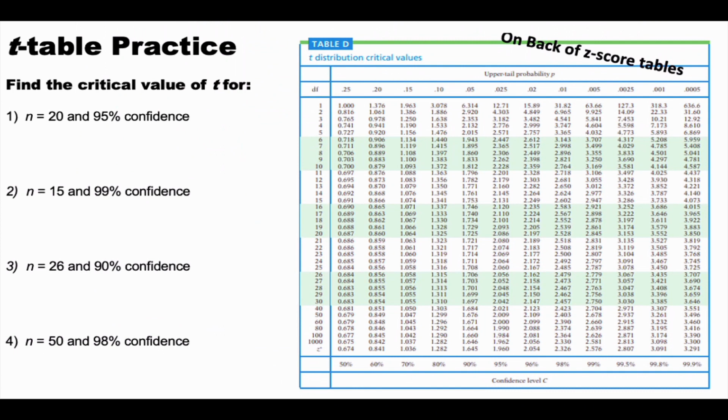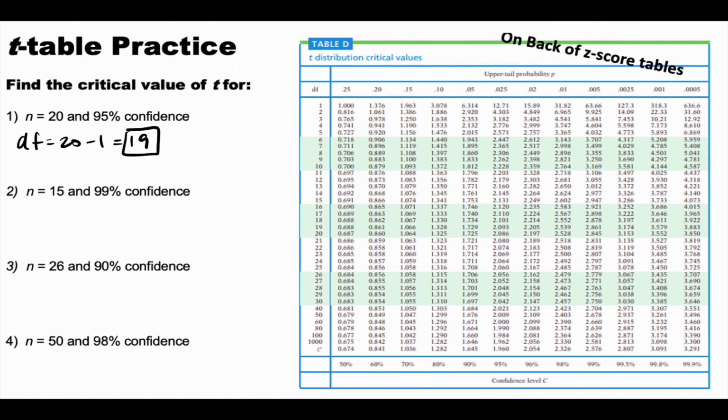The first thing you need to do is figure out degrees of freedom. How do you do that? You find your sample size and subtract 1, n minus 1. So if I have a sample size of 20, degrees of freedom is 20 minus 1, which equals 19.